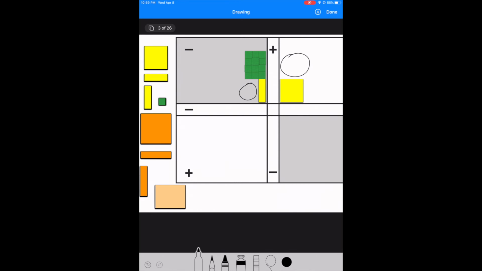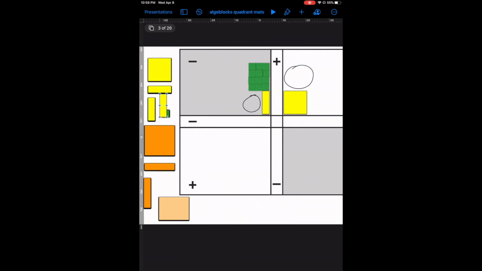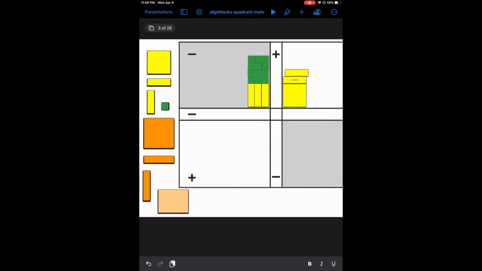So let's see, if I take a rod, fill it in here, and another rod. So that's 2 rods on the negative. I could add 2 rods to the positive. And that doesn't quite do it. Oops. Let me get rid of this.